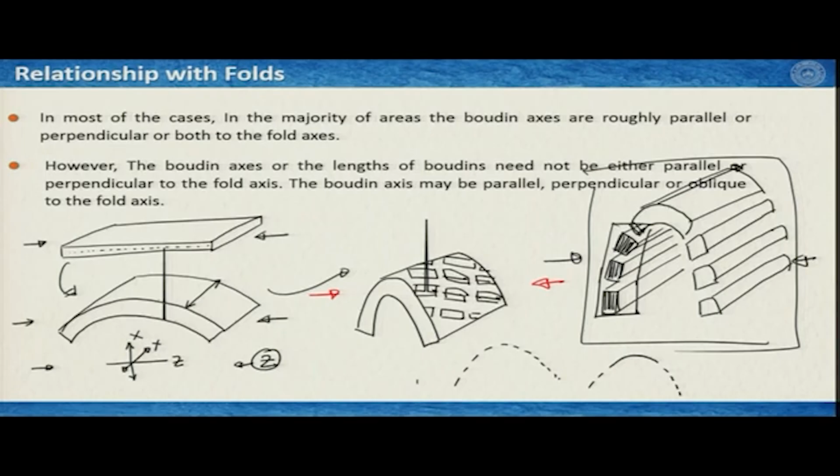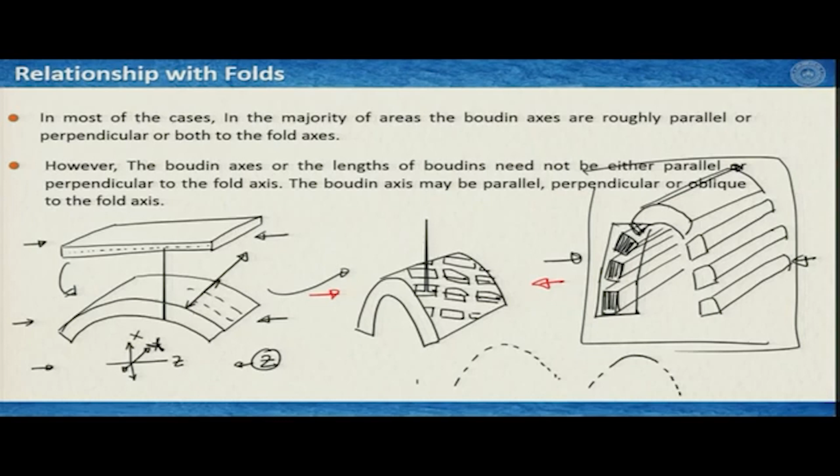Now, if there is an extension parallel to the fold axis, then Boudinage may develop even at an early stage when the amplitude of the fold is small. This can happen when you have extension along the y direction. In that case you can develop Boudinage along this direction, but this is again possible, but not very much seen in the field.